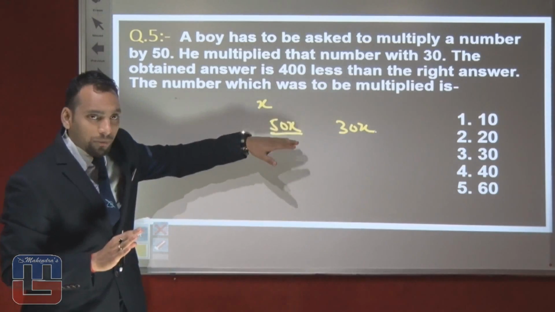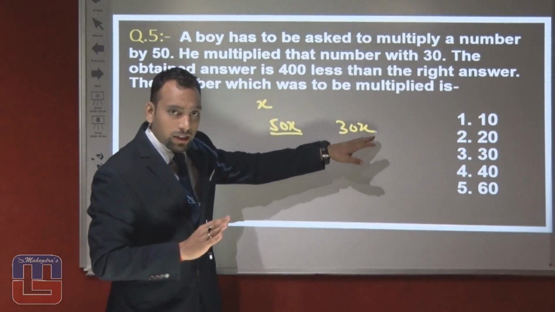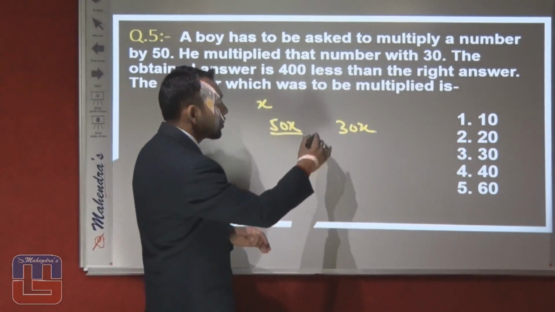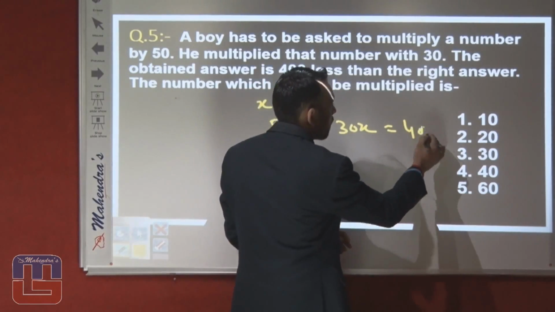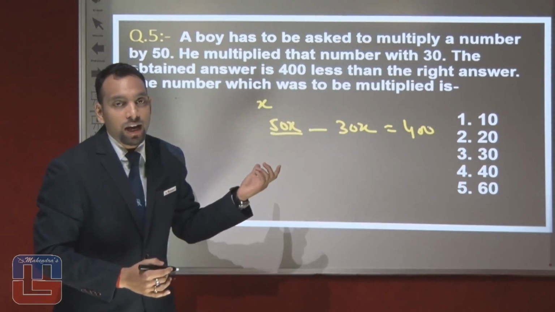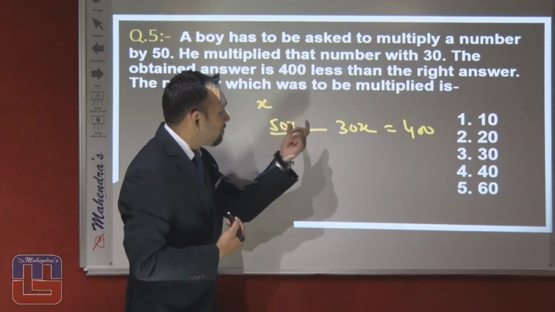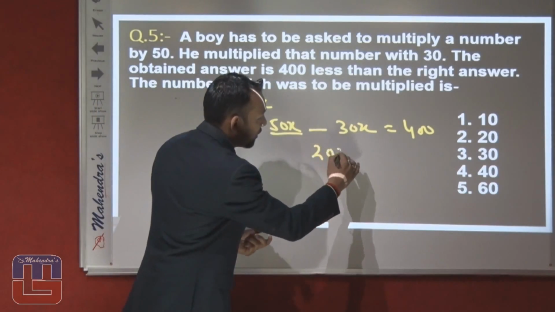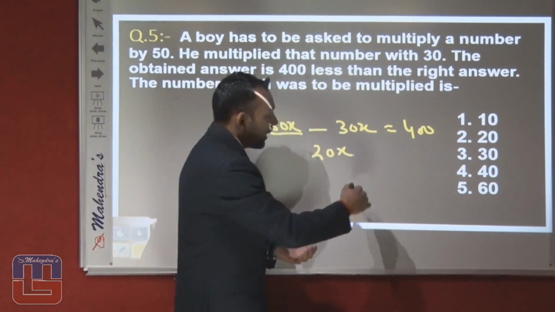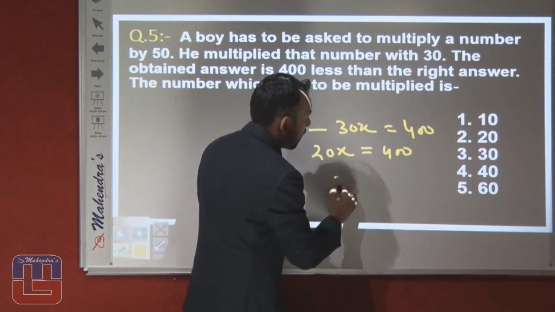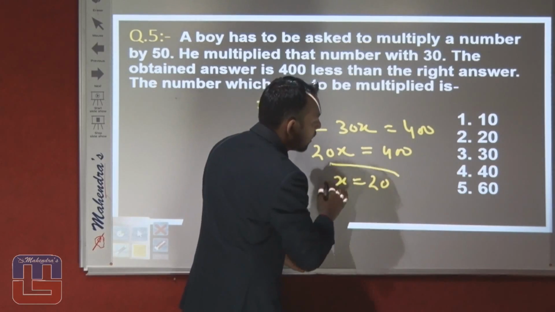Now this is 50x, this is 30x, and the difference between these two numbers is 400. So here we can easily find out the value of x. Now see, 50 minus 30, you will get 20x is equal to 400. So here you will get the value of x as 20.